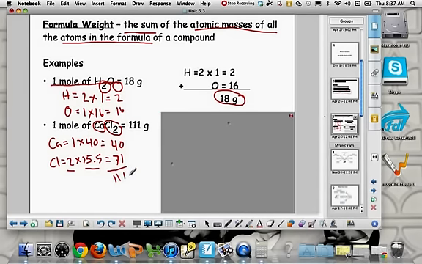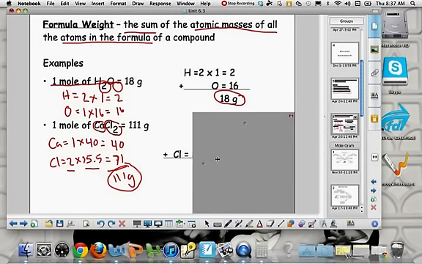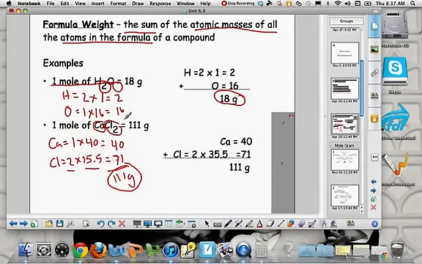That means I'm going to have 111 grams for my formula weight for this compound. All I did was I looked at how many atoms I have here, and I multiplied it by the mass on the periodic table to get the total formula weight. 1 mole of calcium chloride, CaCl2, has a total mass of 111 grams.